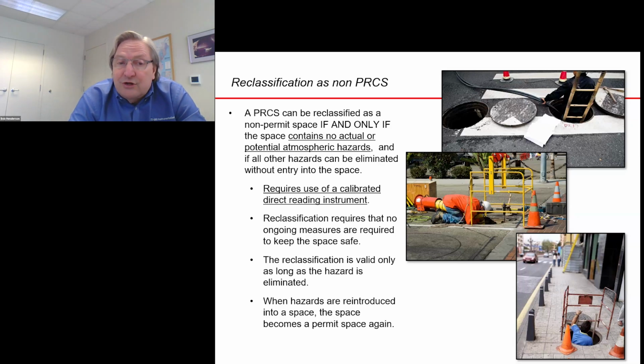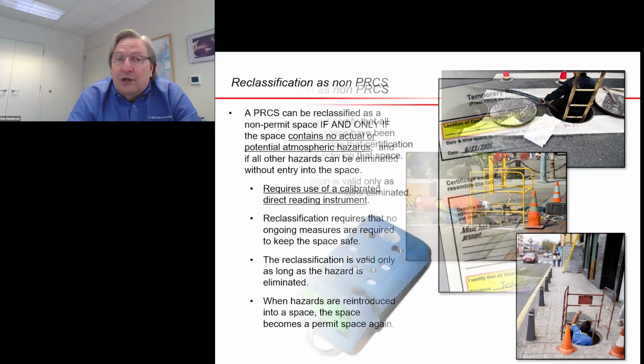Reclassification requires that no ongoing measures are needed to keep the space safe while people are in the space. The reclassification is valid only as long as the hazard is eliminated. If hazards are reintroduced, then the reclassification is voided. You definitely need to be out of that area, and you can only return after testing determines it's safe, and you can go through that reclassification process all over again.